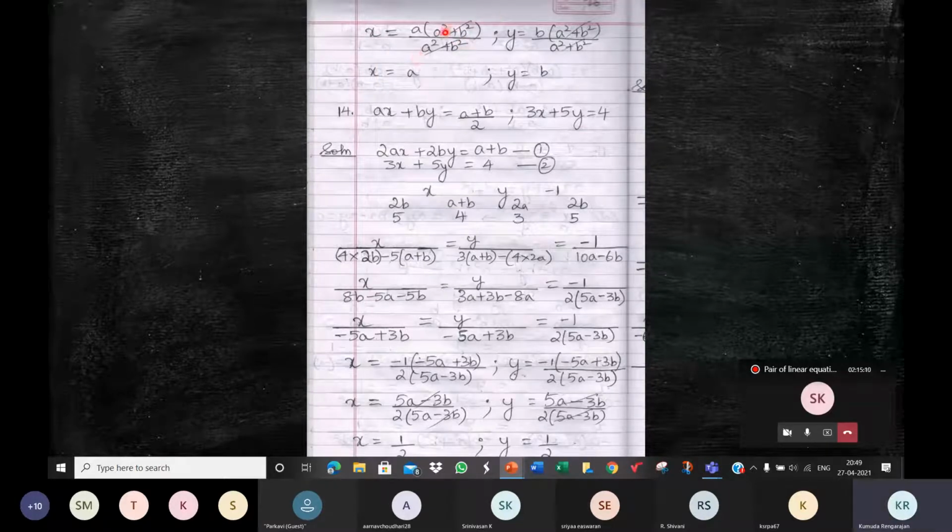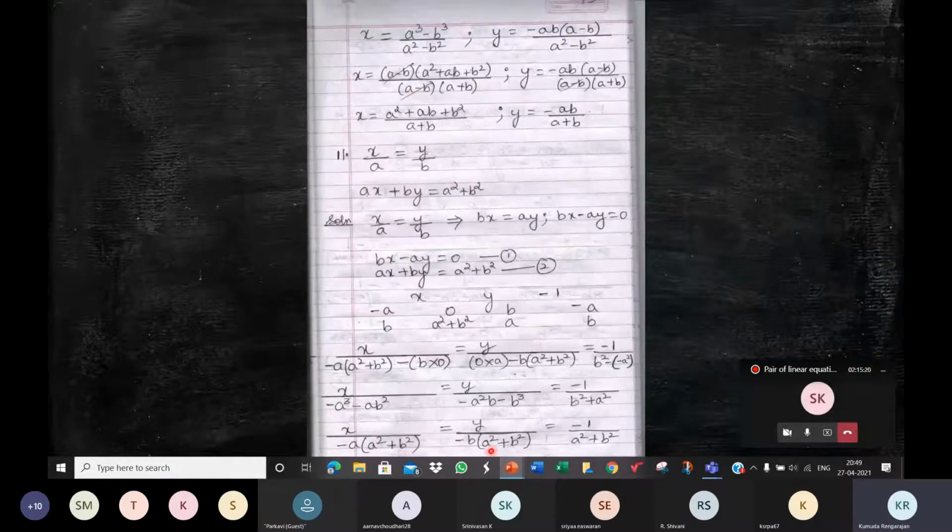So here a square plus b square cancels out in both the cases, and x is equal to a, y is equal to b. The minus also, see here, the minus is gone, children. When you take this up here, minus into minus is plus. When you equate this with this, this minus into minus is plus. Here also, when you equate this with this, it will go up to the numerator, so this minus into this minus is plus.